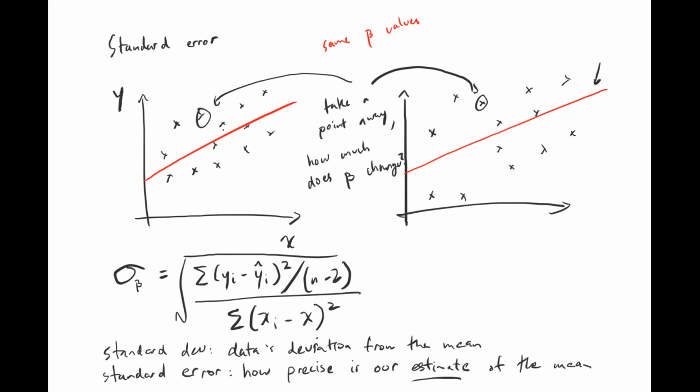And so the whole idea of the standard error is to think about how likely is it that my slope is actually zero, right?